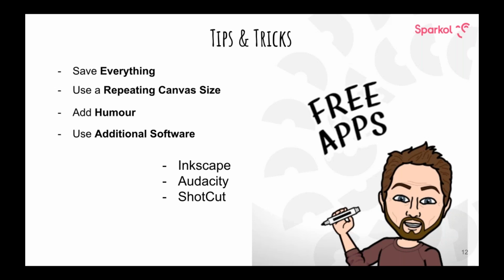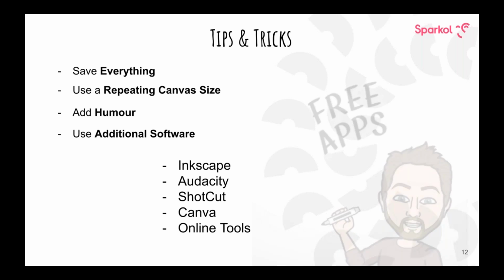This is what I use for editing a final video if I have to combine videos together. And Canva is really great for creating thumbnails and other resources. And of course, there are plenty of online tools available. It's just a matter of looking out there and seeing what's freely available that can save you a lot of time.